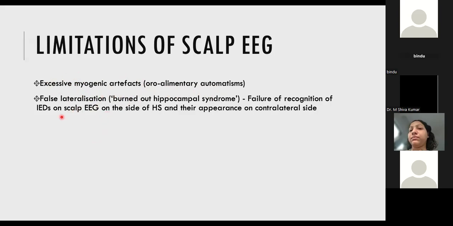So sometimes it is challenging to decide the ictal onset on scalp EEG. We can also have false lateralization in conditions like burnt out hippocampal syndrome, where the ictal onset and IEDs will be lateralized to the contralateral side. So again, here also there will be a risk of false lateralization.